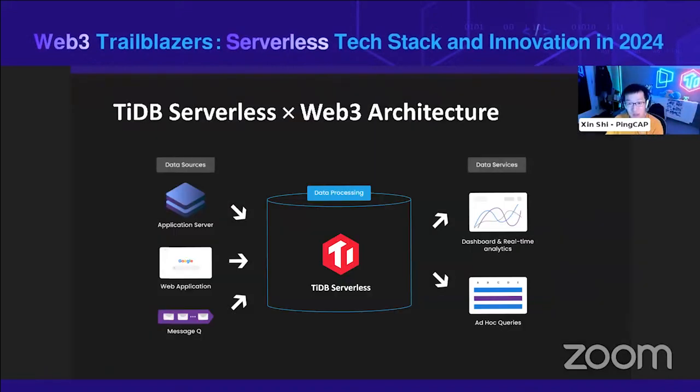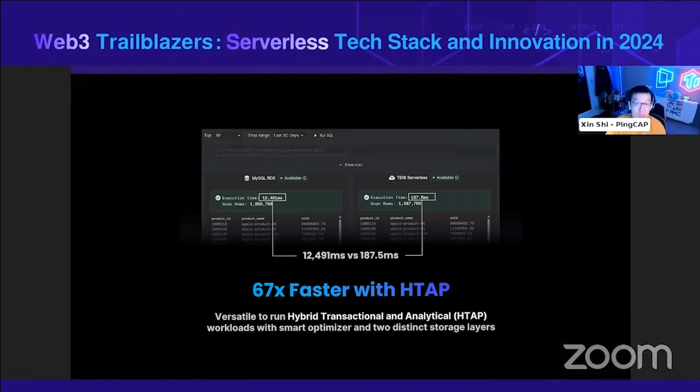But with TiDB, again, seeing this picture, it is so straightforward because TiDB Serverless supports both transactional and analytical workloads. Here's one of the benchmarks we tested.